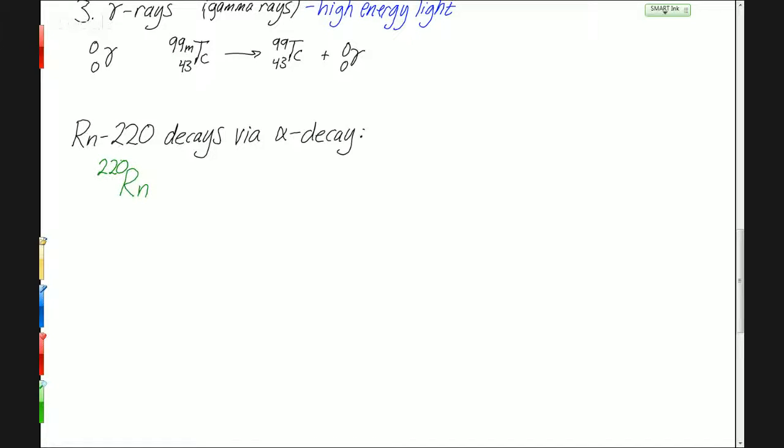Remember, that's all the information you need to know. You can find the rest of it, 86, and then you draw an alpha particle, and then just figure out what else needs to be there.